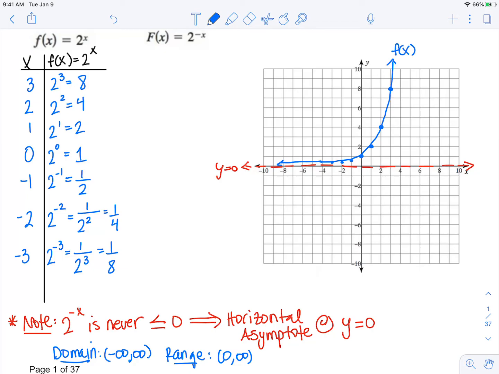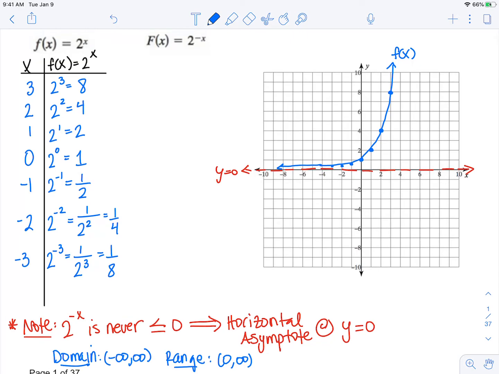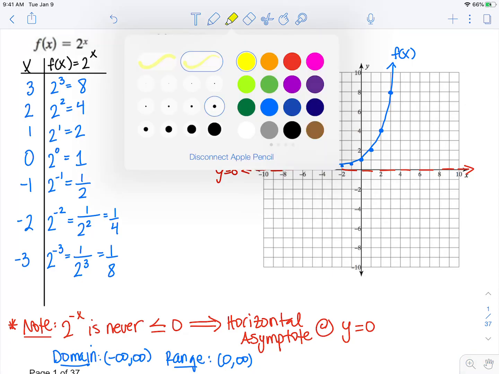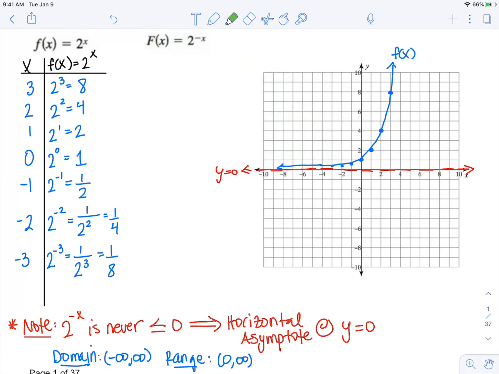So now, how does f of x equals 2 to the -x compare to this function? Well, we can connect that to transformations. Remember, a negative in front of our x means that we will reflect across the y-axis.